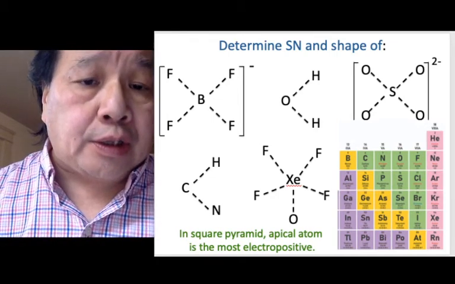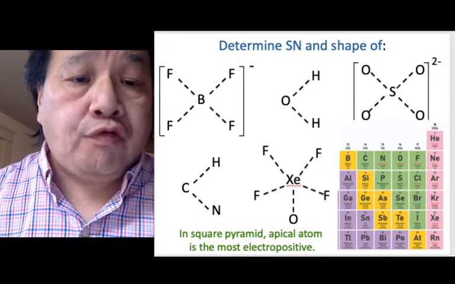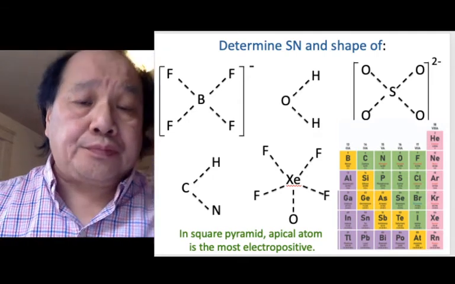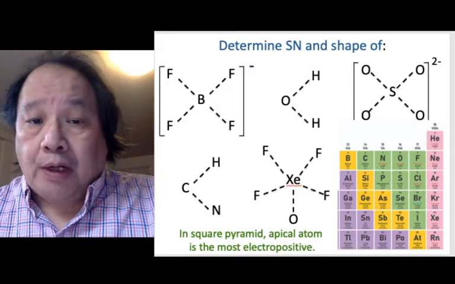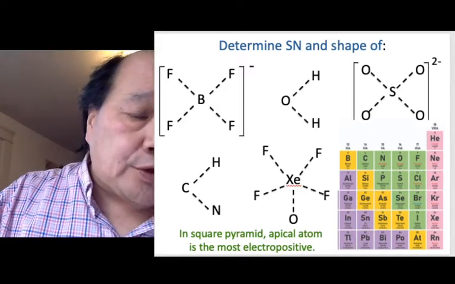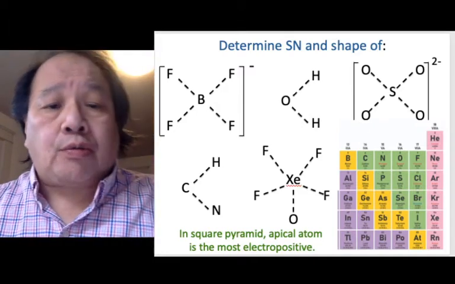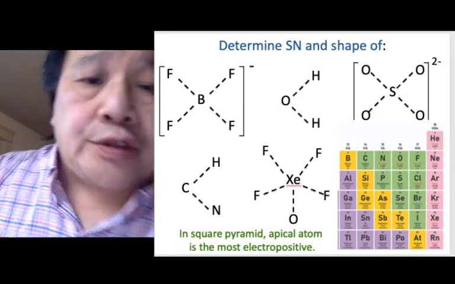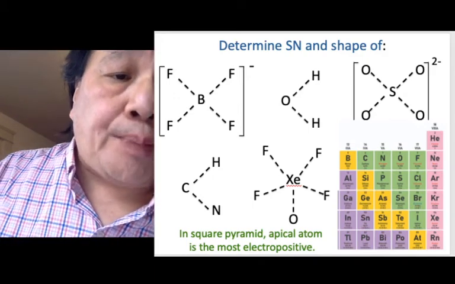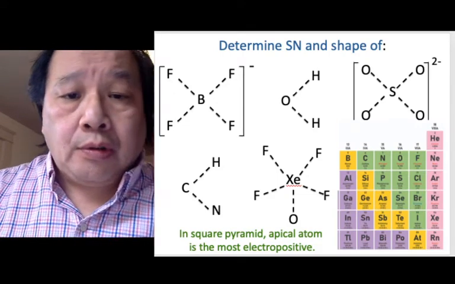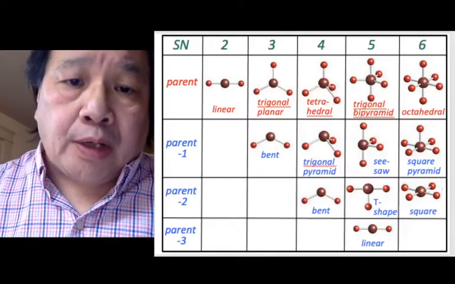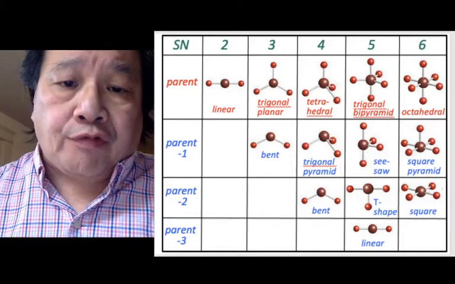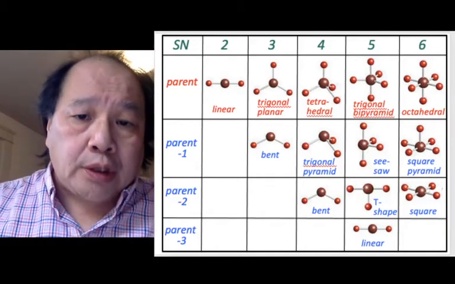Its steric number is 4, 8 divided by 2. But water does not have 4 sites. So what is the geometry of water? You start off with steric number 4 and you go to the parent minus 2 structure. The parent minus 2 structure for steric number 4 is bent. Water is bent.